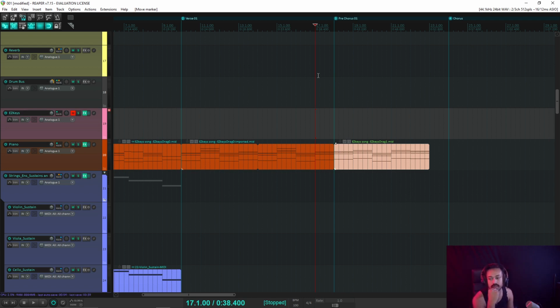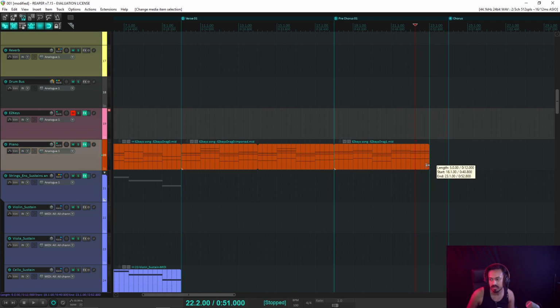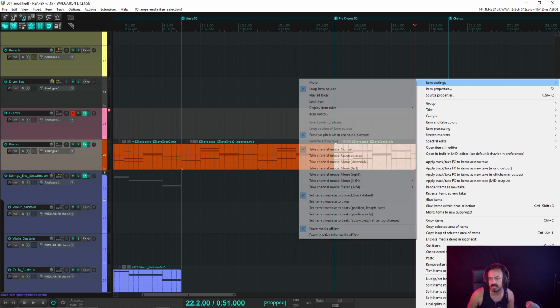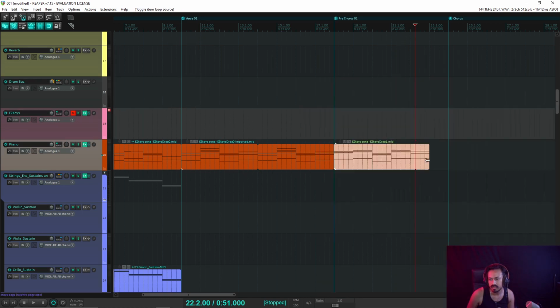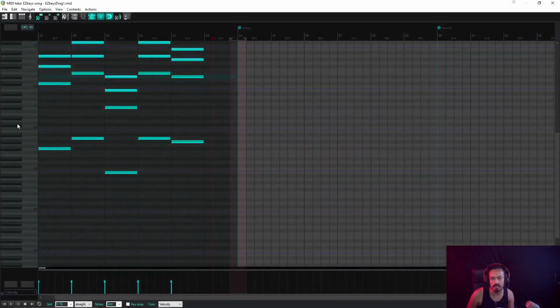So what do you think this piano is going to do right after? I know what it's going to do rhythm wise, but what do you guys think?